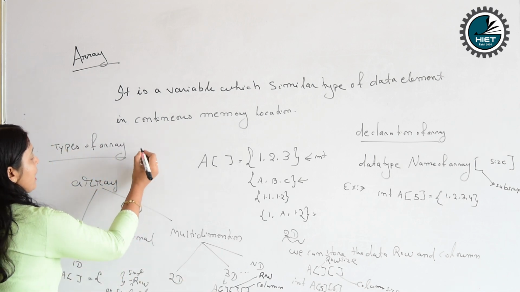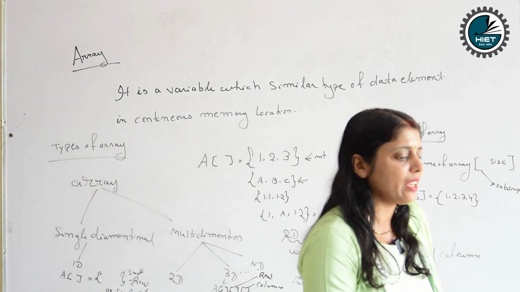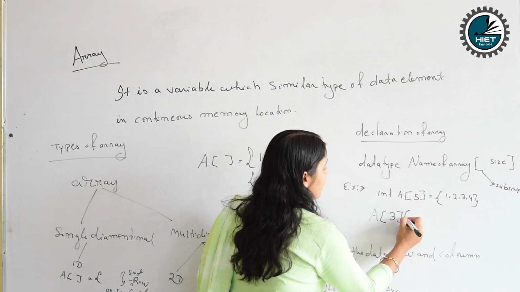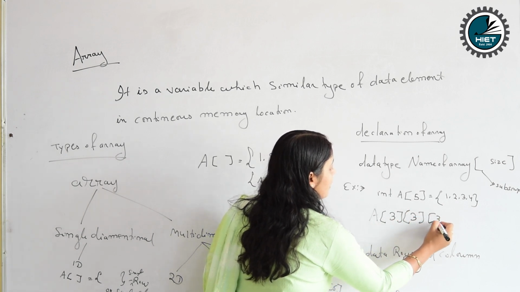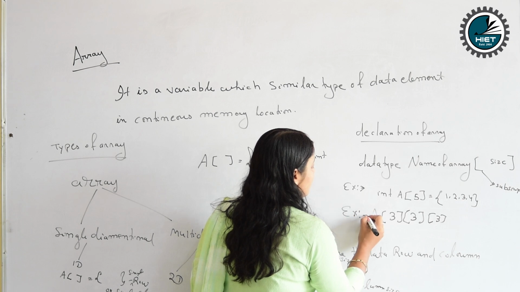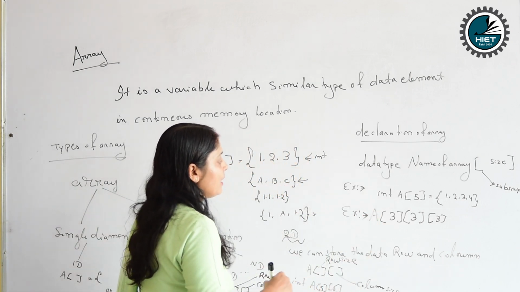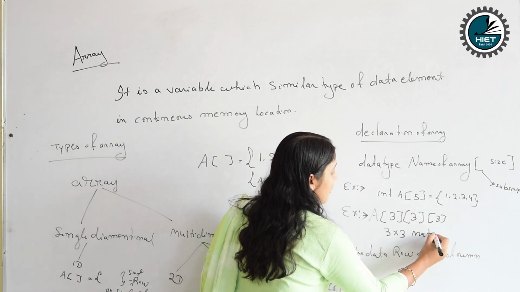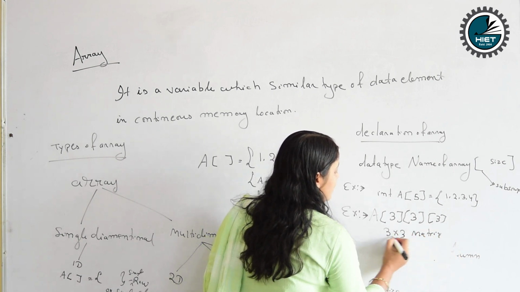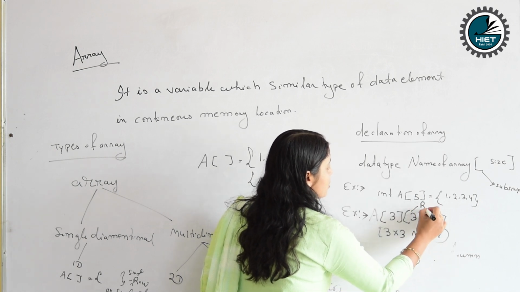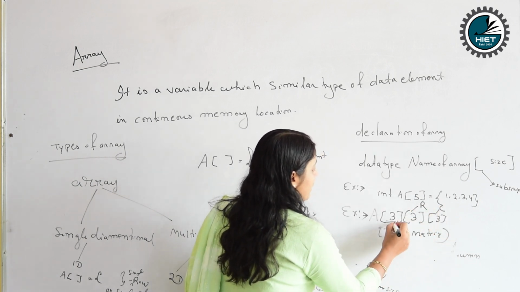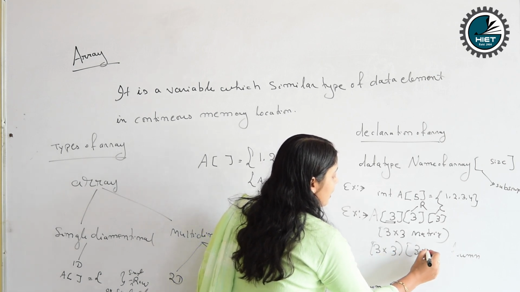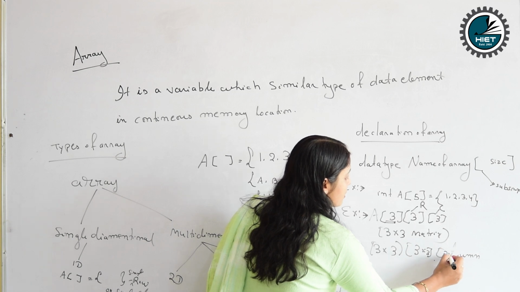If we are writing the three-dimensional array, then we can say array of 3, 3 and 3. We are giving an example of three-dimensional array. Here we are writing a 3 cross 3 matrix, where this is row and this is column. It represents the 3 cross 3 matrix in 3 ways.